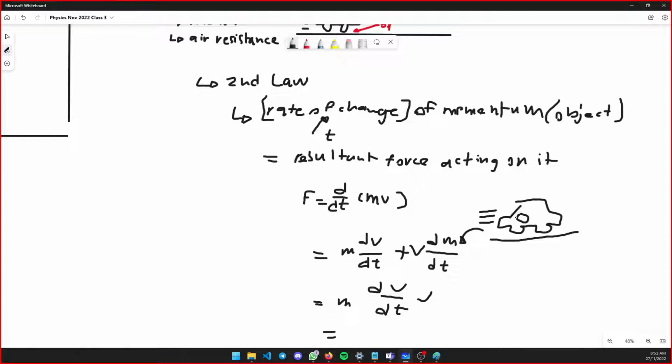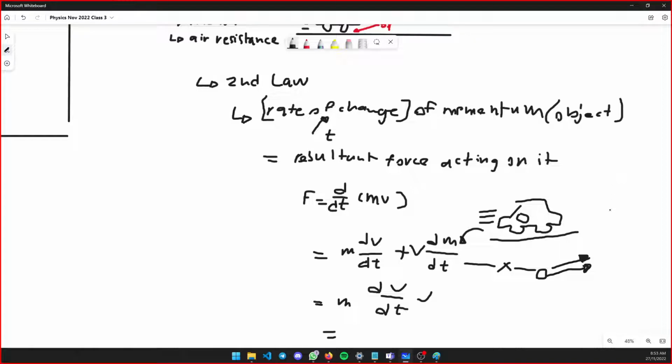Maybe a car is a bad idea. A ping pong ball is a better idea for a change in velocity. The mass stays constant, but you change its velocity. So dv/dt is there, but for dm/dt there's no change in mass for the ping pong ball, so you just put 0. So you only take m dv/dt.